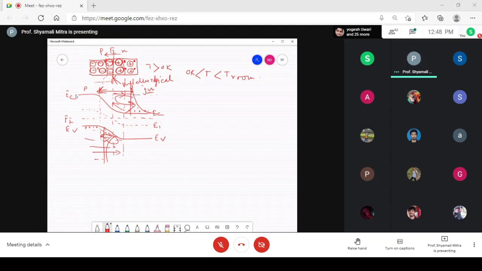Isn't that so? Yes, ma'am. We'll be discussing minority charge carriers probably in later classes, and we also take them into account for the generation of the diode current and all that. Those things will be included later.